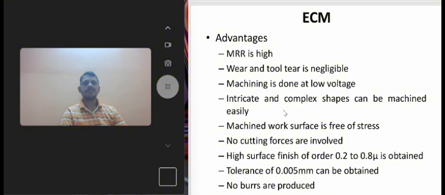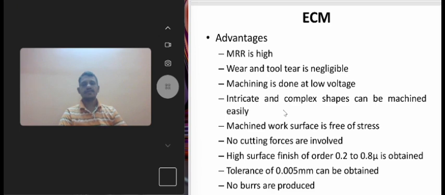Intricate and complex shapes can be machined easily through this process. The machined work surface is free of stresses. No cutting forces are involved in the process. High surface finish of the order of 0.2 to 0.8 microns can be obtained.